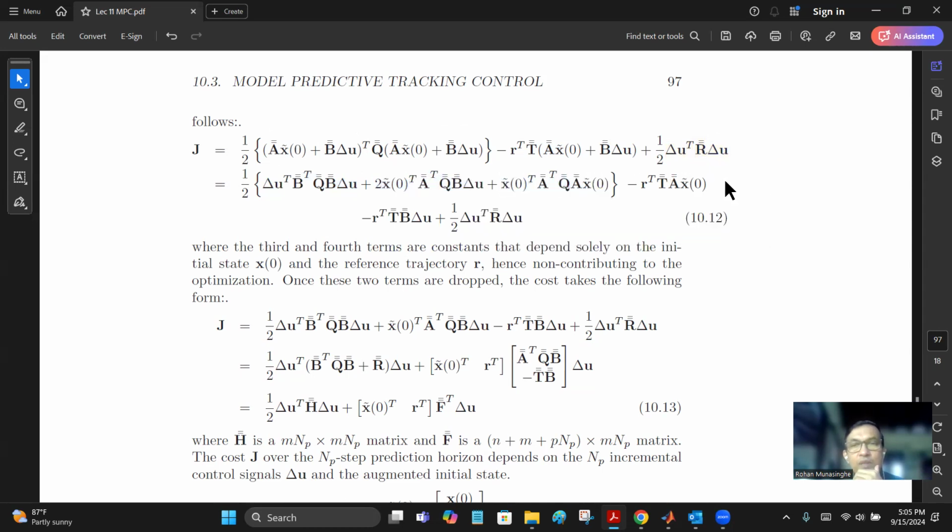You only need to do this once. It appears in linear quadratic regulator. It appears in discrete time optimal control. It again appears in model predictive regulator, model predictive tracking control. It is the same process everywhere. Then you expand this into 3 terms here. Then some similar terms, you add them together like that.